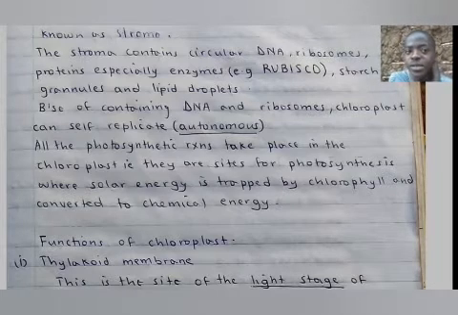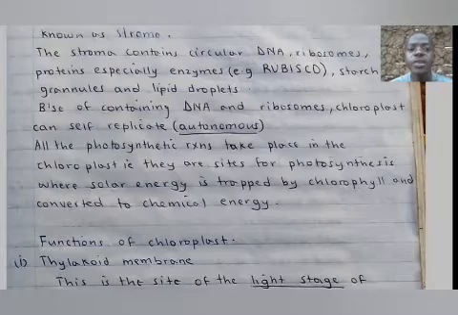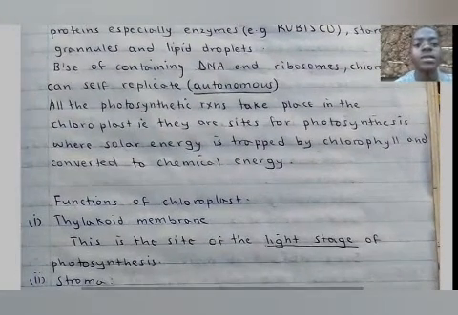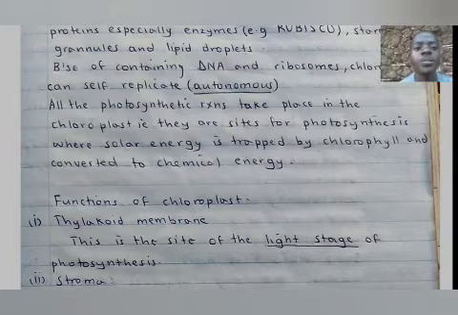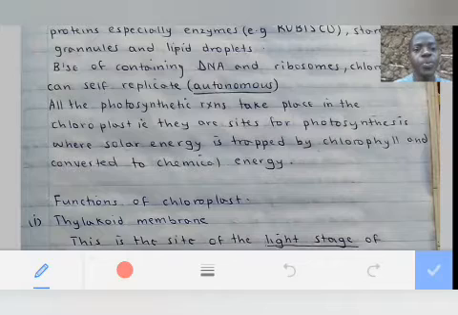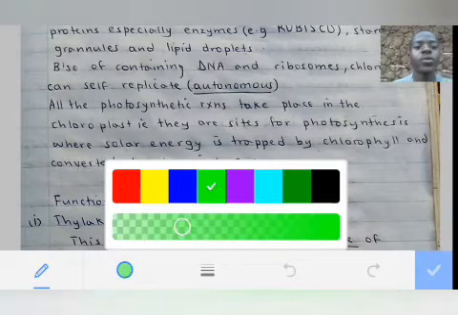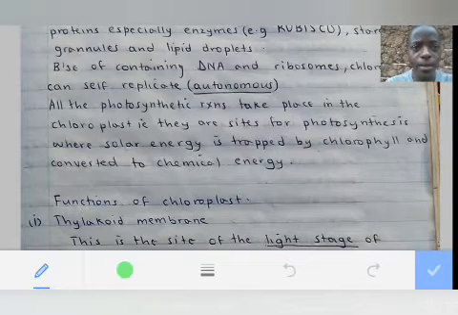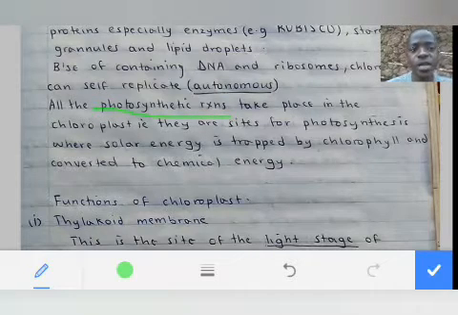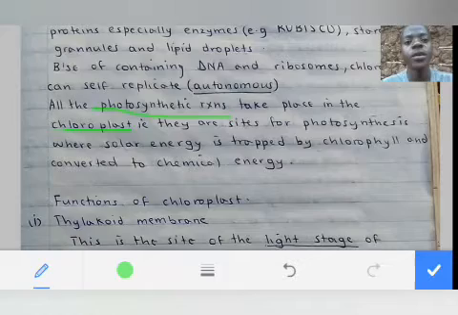Also all the photosynthetic reactions take place in the chloroplast, the site for photosynthesis, where solar energy is trapped by chlorophyll and converted to chemical energy. This is very well known: the photosynthetic reactions, or the other reactions involving the formation of starch, take place in the chloroplast.